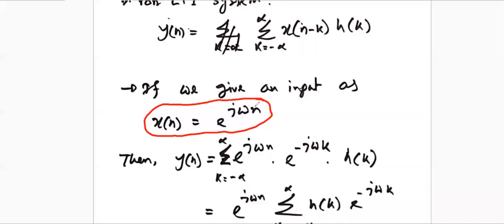The frequency is omega, as we can write it here: cos omega n plus j sin omega n. So you can draw this e to the power j omega n, and you will find the output.